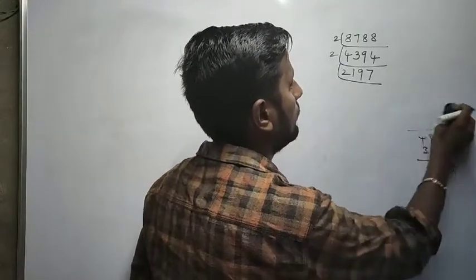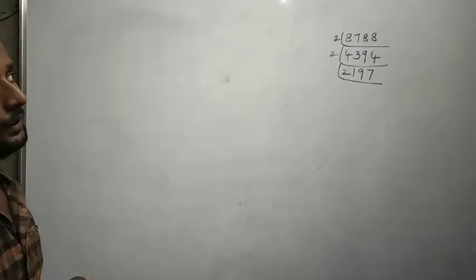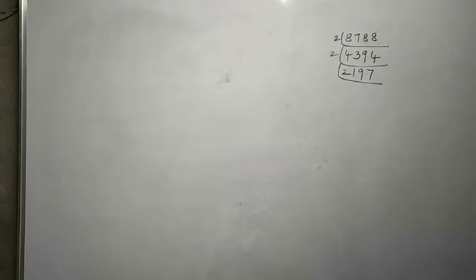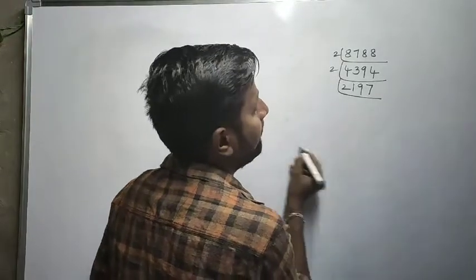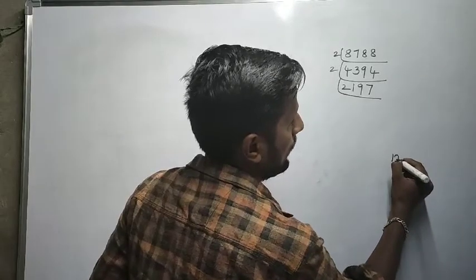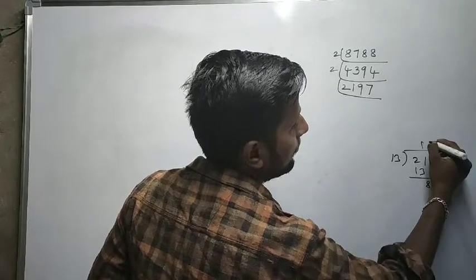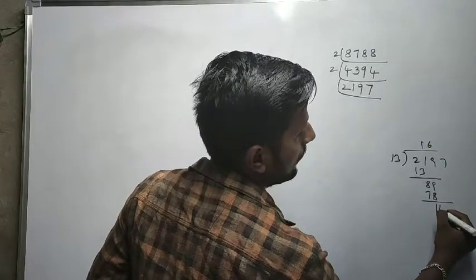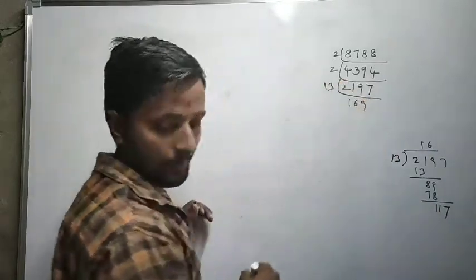No. 8 7. Yeah. 13 2s are 26, 7 9s. 13 1s are 13. 8 9. 6 are 78. 117. Yeah. 169.